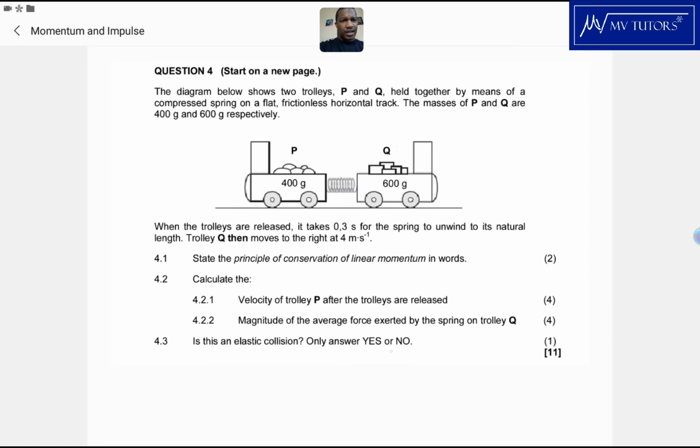Only answer yes or no. Now, if you don't know how to answer any of these questions, then stick around and let's get through the theory. All right, let's get started.